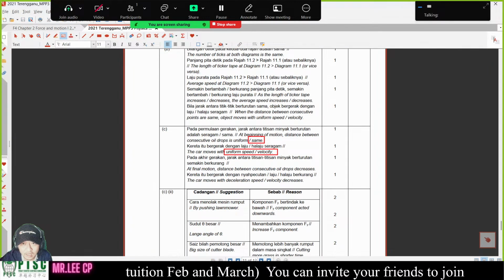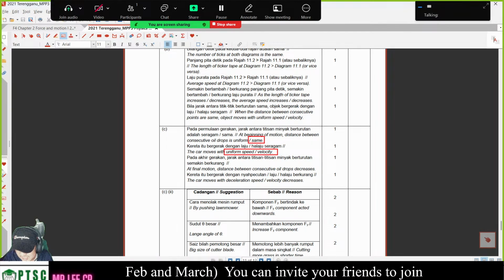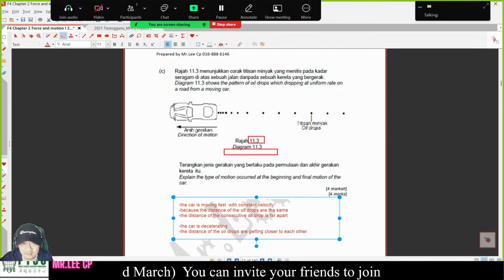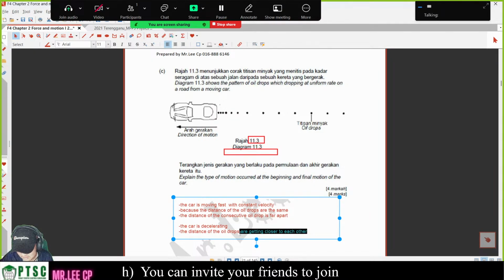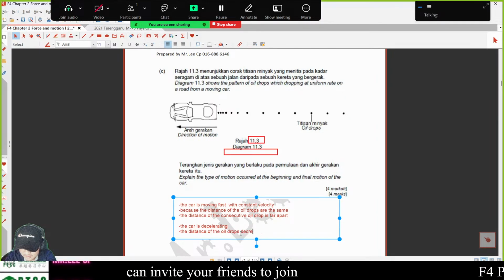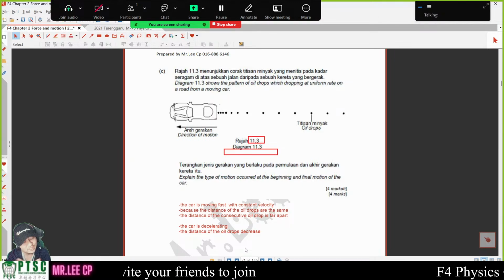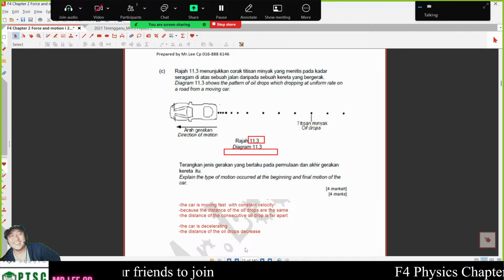So I should not use closer. I should use decrease. The distance between the consecutive points decreases. Closer, I know it is the same, but don't use closer. Even if I know, I should not use it.